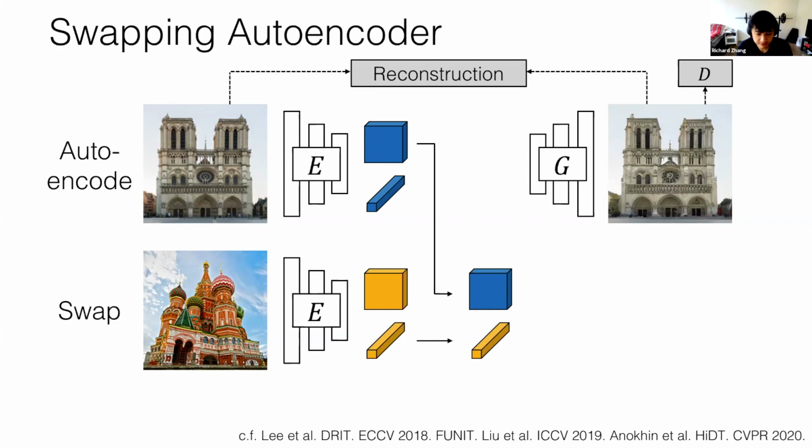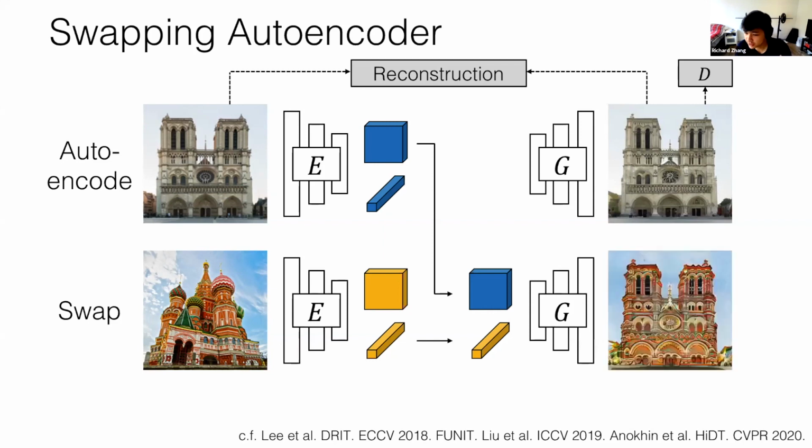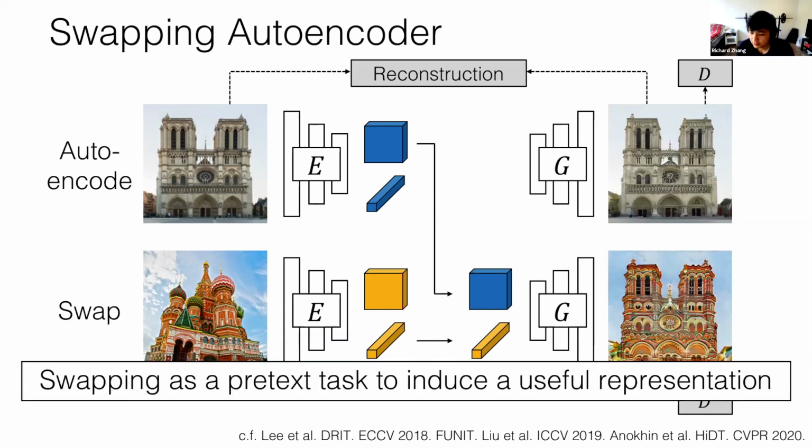We'll grab its style code and decode that with the structure code from Notre Dame, and hopefully see something like this that grabs the structure from one image and the textures from the bottom image. Okay, so here we're using swapping as a pretext task, so it is cool to be able to do this exact task, but our goal is to see if this pretext task induces a useful representation downstream.